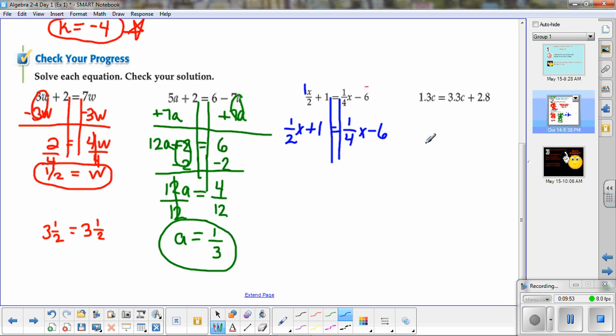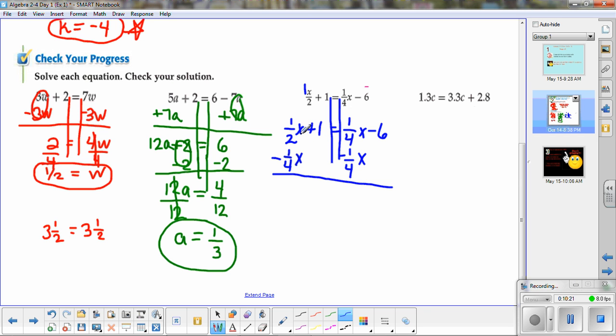Now you have variables on both sides. Let's get rid of one of them. I'm going to go ahead and get rid of this 1/4 x. If I want that to be 0, I'm going to have to subtract 1/4 x from both sides. When I subtract 1/4 x, I'm going to subtract it from the x's on the other side. 1/2 x minus 1/4 x.